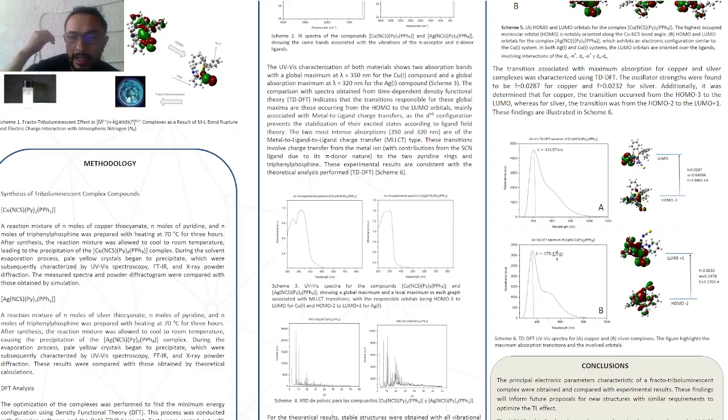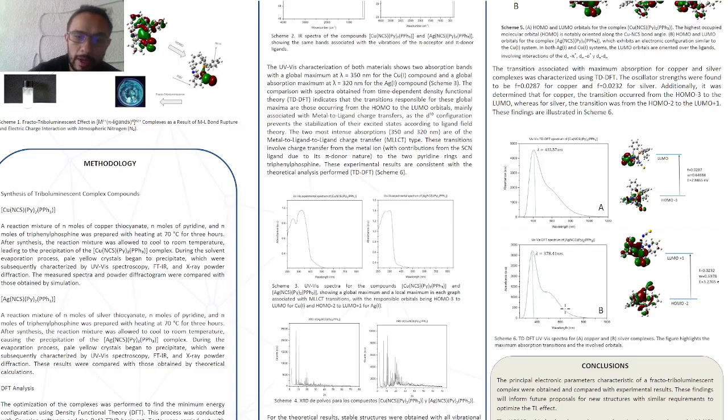But another important thing that we can see is that we obtain the transition orbitals. We can see what the transition orbitals are. For example, for copper it is from HOMO-3 to LUMO. And the UV-Vis obtained by time-dependent density functional theory for silver was from HOMO-2 to LUMO+1.